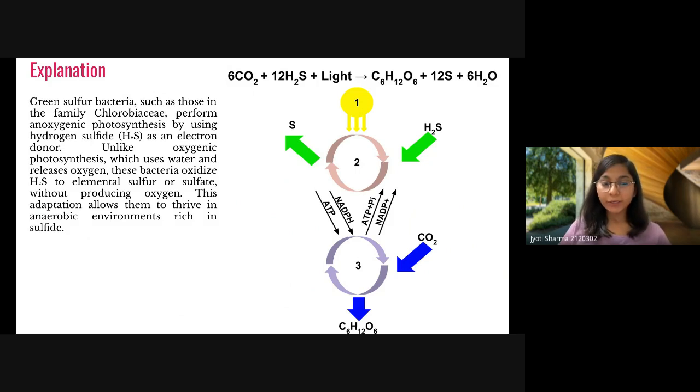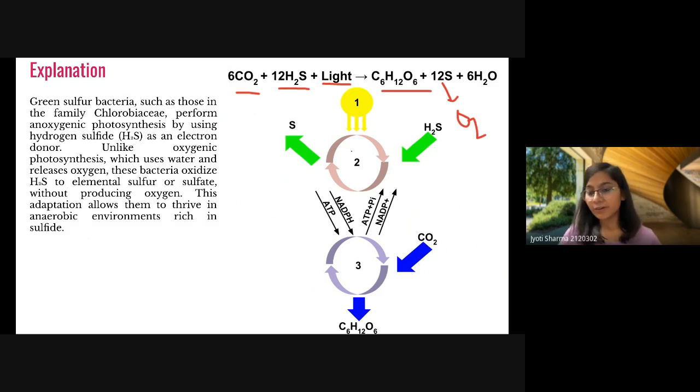Ultimately, obviously, like in green plants as well, CO2 will be utilized so that we can produce glucose. But in the green plant we are using H2O, but here in green sulfur bacteria, we are utilizing H2S and light. So in place of oxygen, in green sulfur bacteria sulfur will be produced, along with water and glucose. So just see here, initially H2S will be taken by the sulfur bacteria.